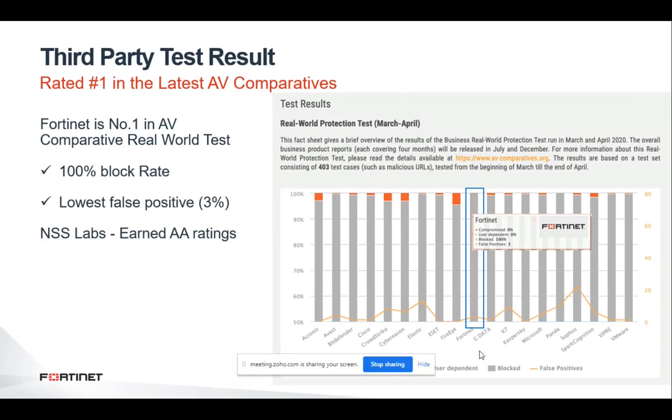And in 2019 NSS Labs testing, the Fortinet solution, comprising Sandbox, FortiGate itself, and FortiClient, received an AA rating after demonstrating a security effectiveness of almost 99% with zero false positives.